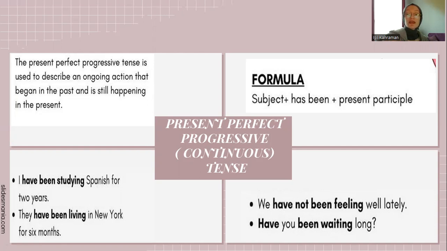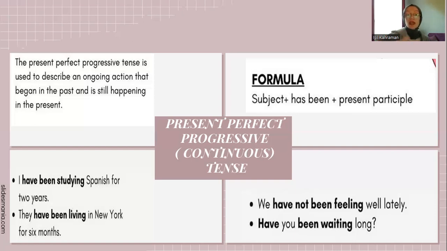In present perfect tense we use the past participle, but in this form there is a continuing thing, so we have to use the present participle. The present perfect progressive tense is used to describe an ongoing action that began in the past and is still happening right now.